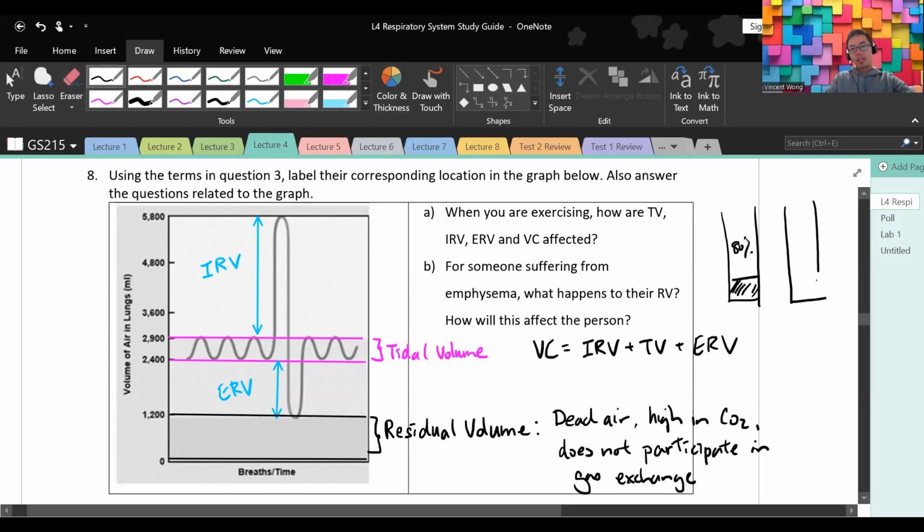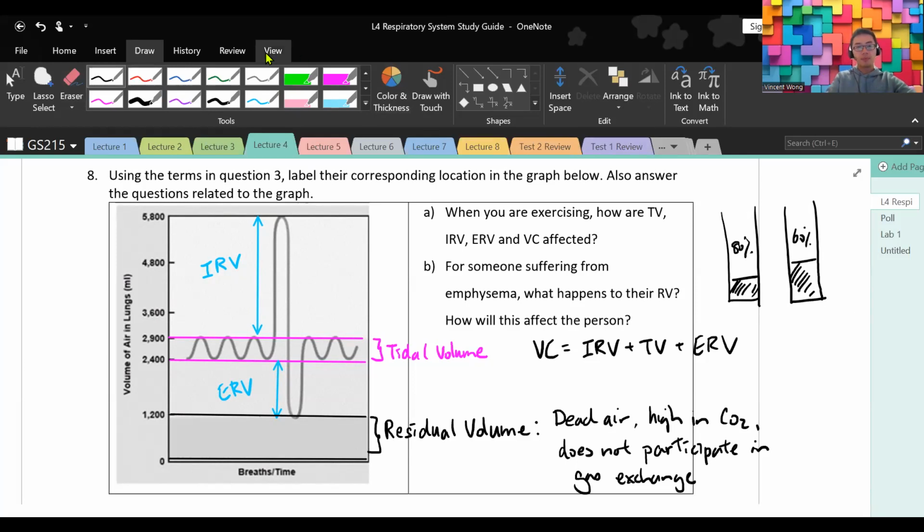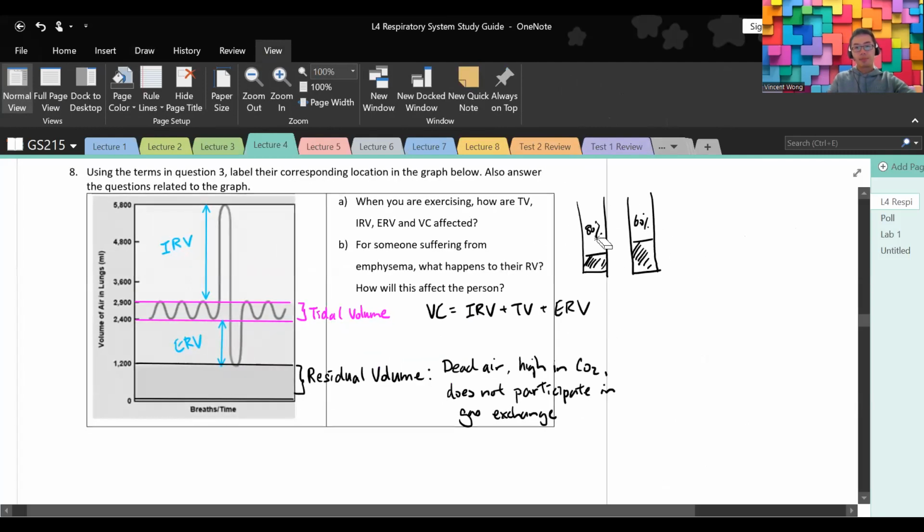But if you increase the amount of dead air, now you're down to, say, 60% volume for gas exchange. So the more dead air you have, the less efficient you will be at gas exchange. Does that make sense?